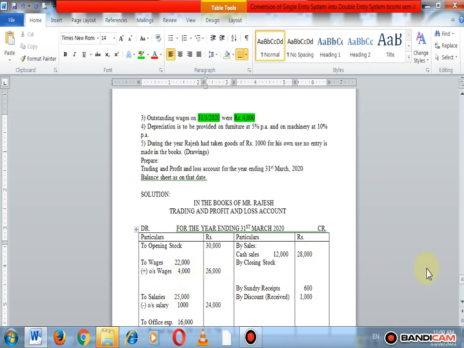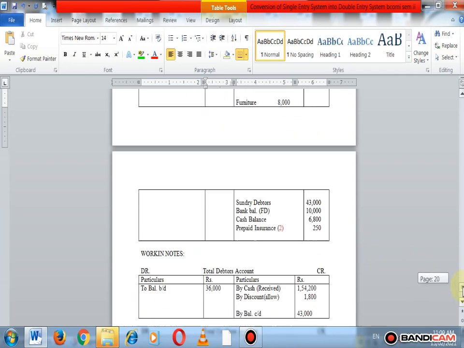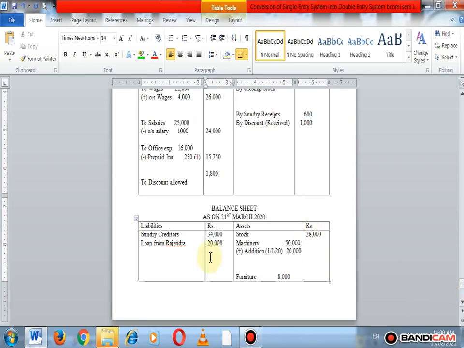And second effect, outstanding wages is our liability and liability is transferred to closing balance sheet. Current year's liability, outstanding wages amounted to rupees 4,000.